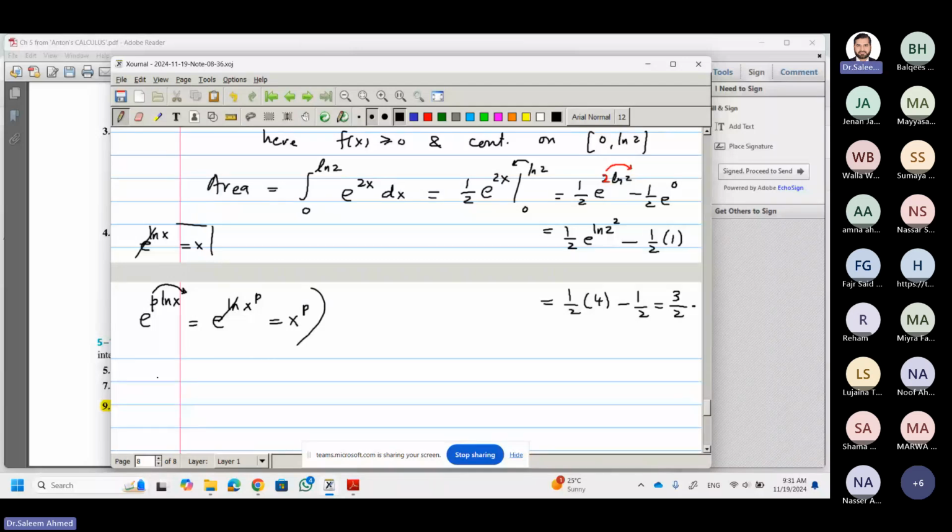Even if it's a minus sign, e to the power minus log x, you bring it down, you can write e to the power plus log of 1 over x, right? Your minus will become a power, and now you can cancel e and log. So your answer will be 1 over x, like that. So that's how you can simplify e to the power log.